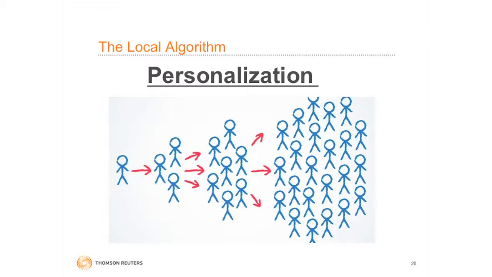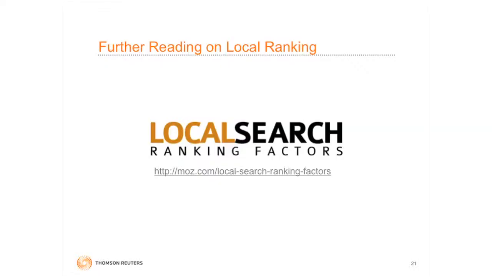So if you want to learn more about how local listings rank in search results, I would recommend reading David Mihm's Local Search Ranking Factors. It's a study that David Mihm performs every year. He polls 35 or so of the world's top local search experts on what they think affects local search rankings.